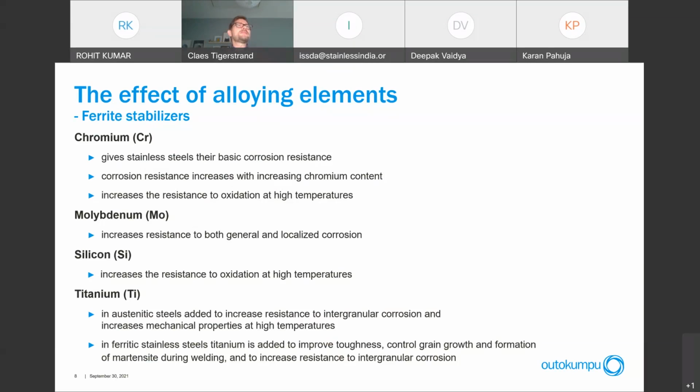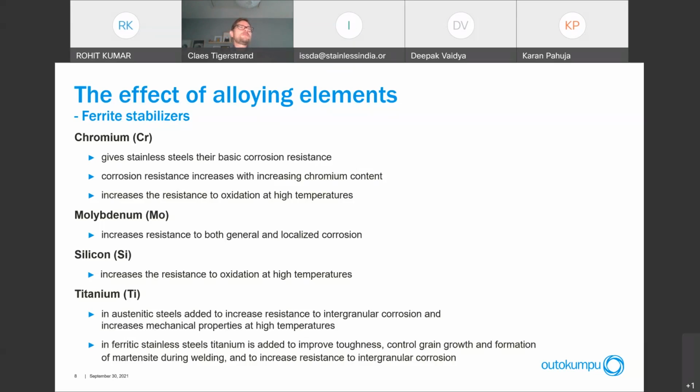So the corrosion resistance increases with increasing chromium content. The chromium is also important for resistance to oxidation, so for use at very high temperature. That was chromium. Then we continue with molybdenum.